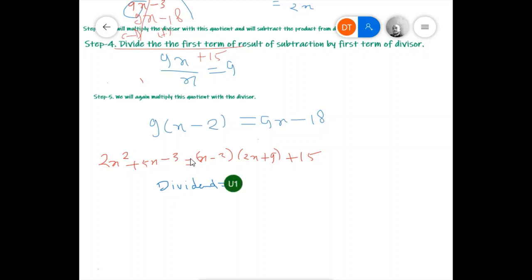So you can write divisor into quotient. 2x plus 9 is the quotient, and the 15 you got is the remainder. So this is the representation of this division. Similarly, you can practice several other examples.